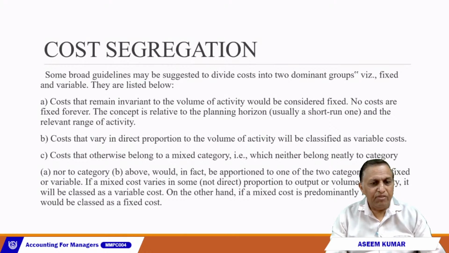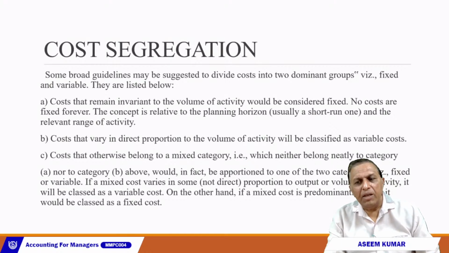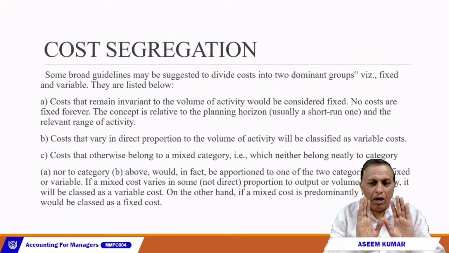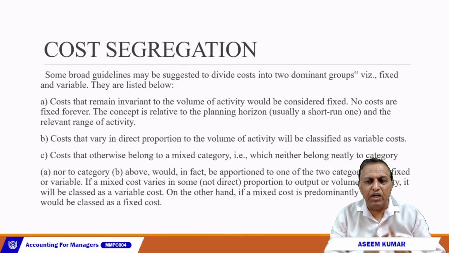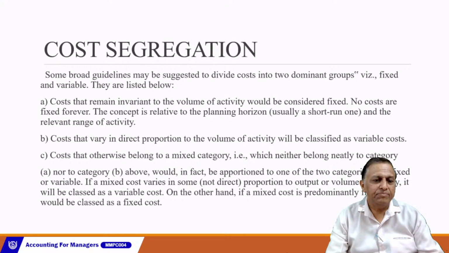And the third category, which we have already seen in the introductory part, costs that otherwise belong to a mixed category, which belong neatly neither to category A nor to category B above, would in fact be apportioned to one of the two categories, fixed or variable.